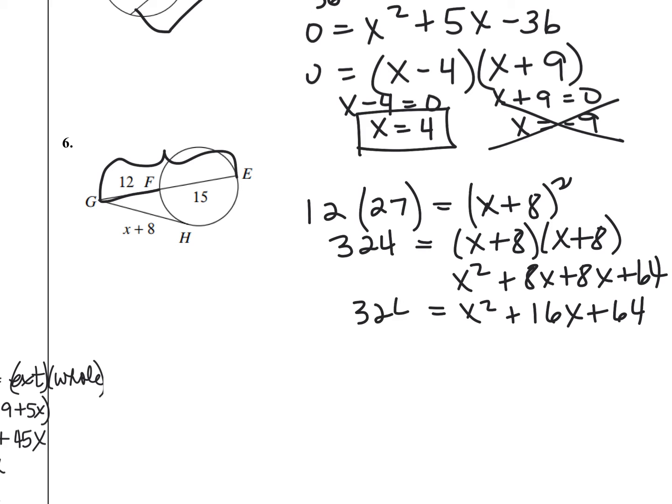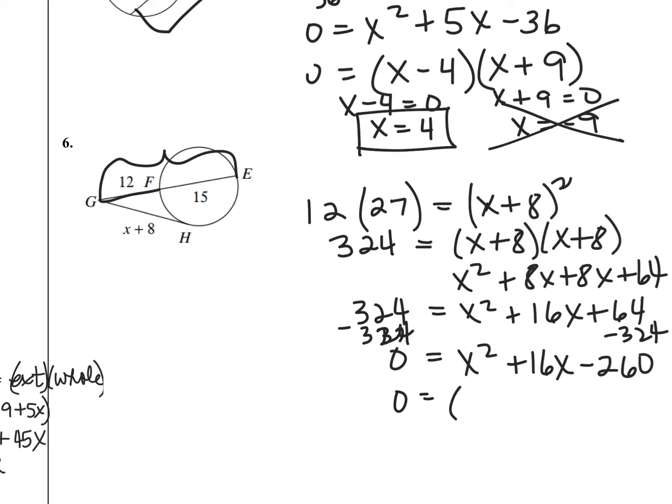equals 324. And we have a quadratic equation again, so we want to set everything equal to 0. So we'll subtract the 324 from both sides, and we get x squared plus 16x minus 260. Two numbers that multiply together to negative 260 and add to 16.